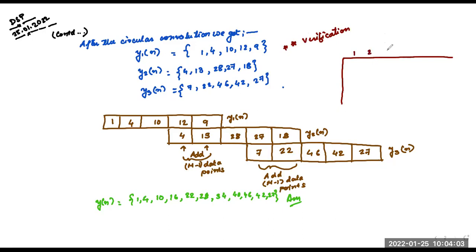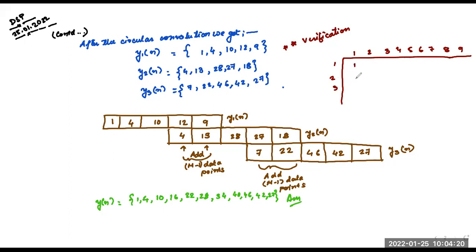So 1, 2, 3, 4, 5, 6, 7, 8, 9, and 1, 2, 3, these are the 3 bits.